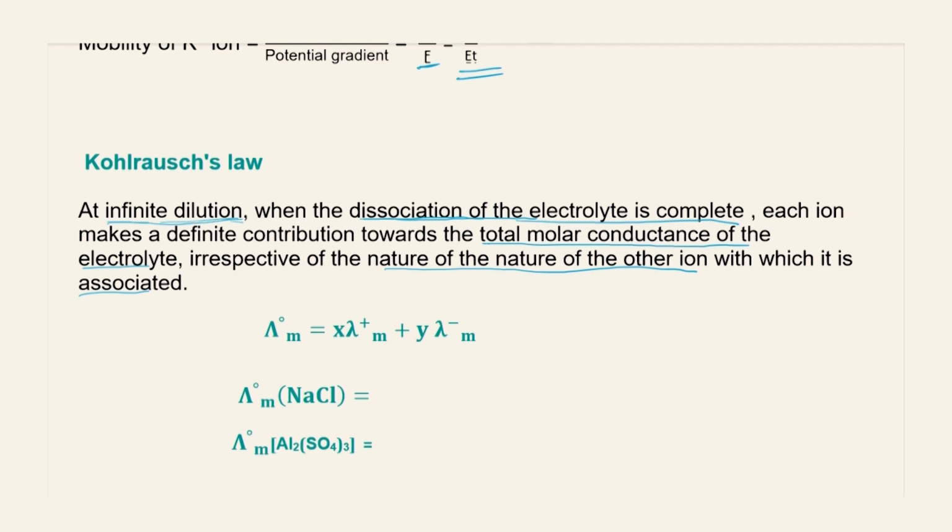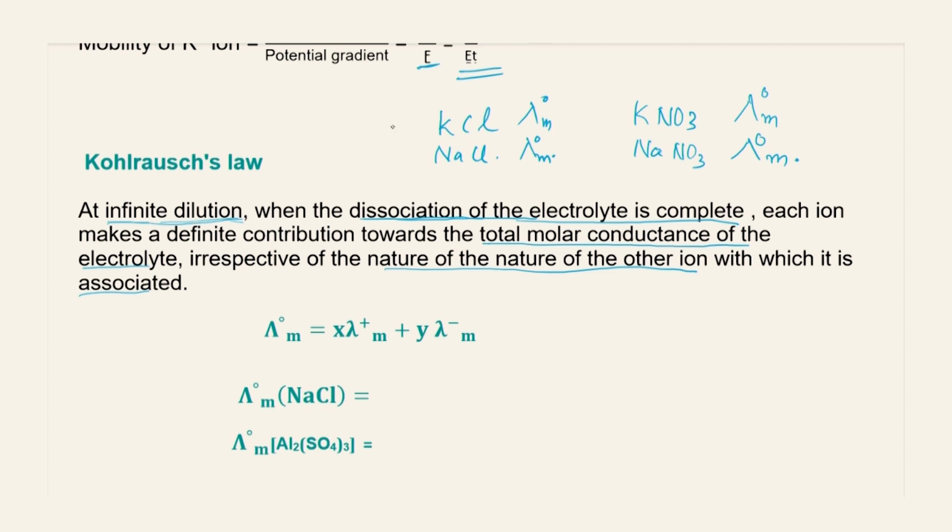Now, Kohlrausch's law is based on an experiment where he has taken KCl and NaCl. Then he took another pair of salts, potassium nitrate and sodium nitrate. If the lambda 0 m values of these two are subtracted, and similarly the lambda 0 m values of these two are subtracted, the chloride ions get cancelled because each one will be there.